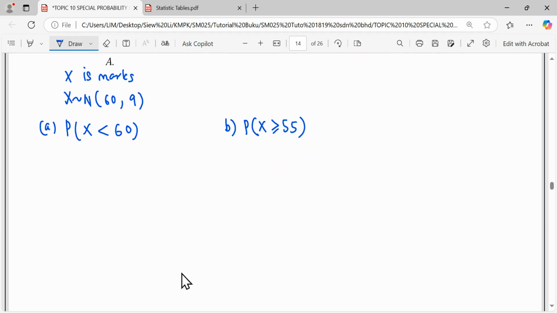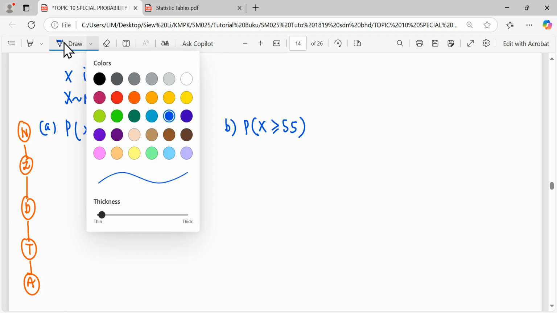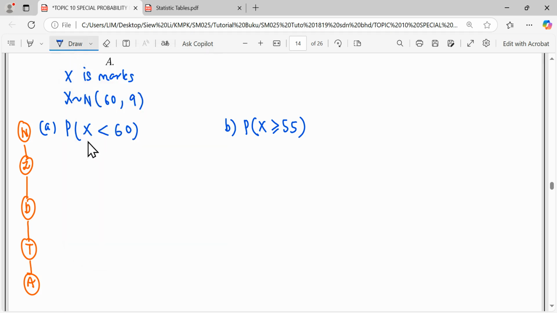For our normal distribution, our steps will start with the question X, which is distributed normal. So our flow here will be N, then go for Z, then we draw out our normal graph and find from the table to get to the answer. The next step is how we change this X into the Z score.